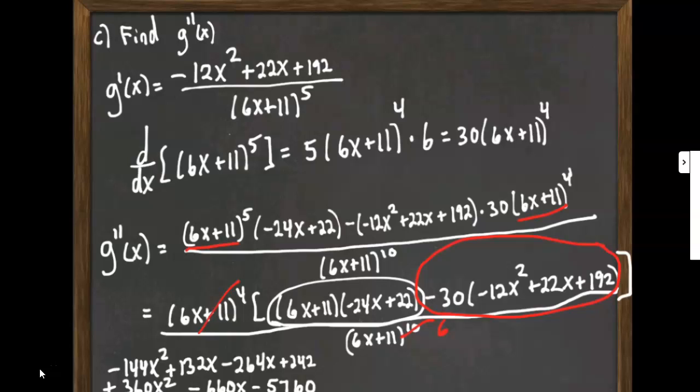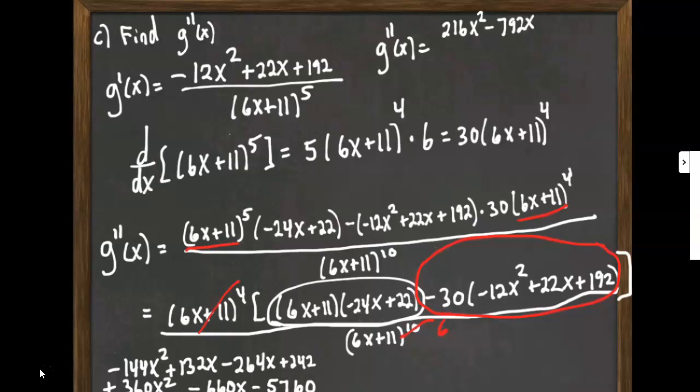So we combine our x squareds, combine the x terms, and combine the number terms. I'm going to write it up top here, g double prime of x. When we take negative 144x squared plus 360x squared, we get positive 216x squared. Then when we take the 132x, the negative 264x, and the negative 660x, putting them all together, we get minus 792x.